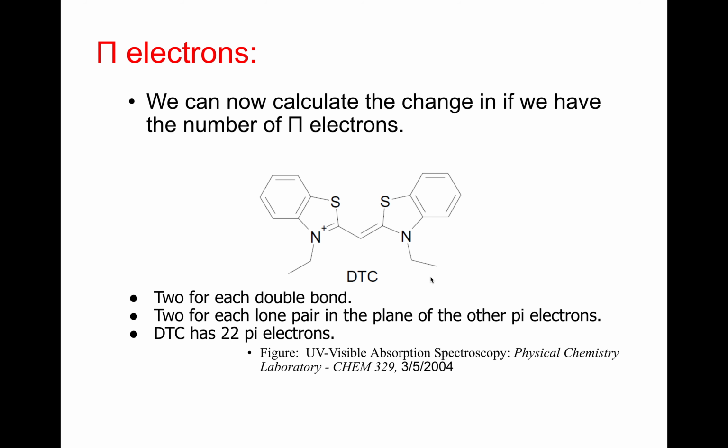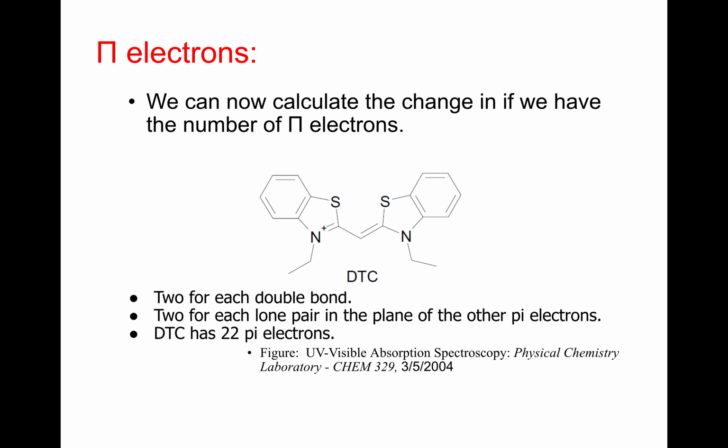Okay, let's figure out how many pi electrons there are in our system, okay? So we know each double bond has 2 pi electrons: 2, 4, 6, 8, 10, 12, 14, 16. The nitrogen has 1 lone pair. This lone pair is in the plane of conjugation, okay? So that's another 2. Each of these sulfur atoms has 2 lone pairs, okay?